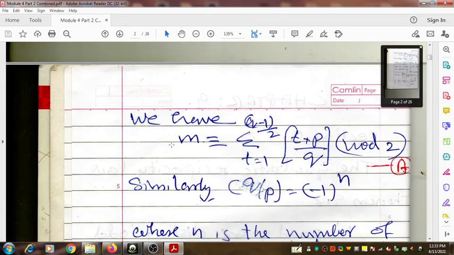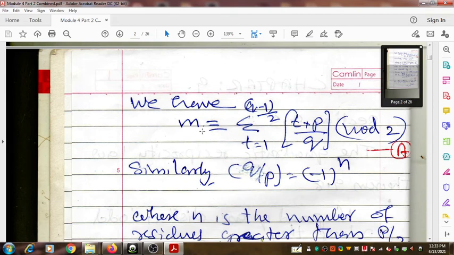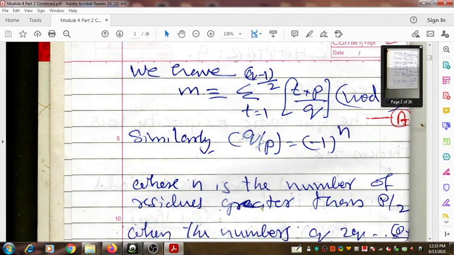See, this is expression A. Since we have m congruent to the summation from t equal to 1 to (q minus 1)/2 of [tp/q] mod 2, you know that.